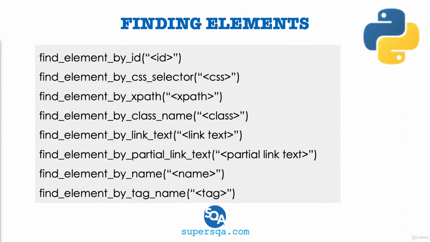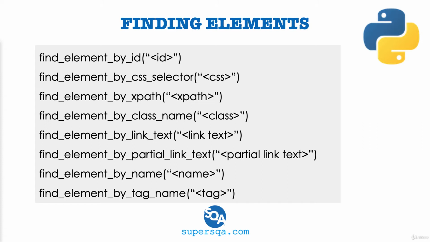So WebDriver gives you a few functions to be able to find them. All right, you use those attributes I just talked about, like CSS, ID, and such, but to use those, there's also a function or a method, okay? And it's called find element by ID, find element by CSS Selector, find element by XPath, and such for each one. Each one of those has a function called find element by whatever.